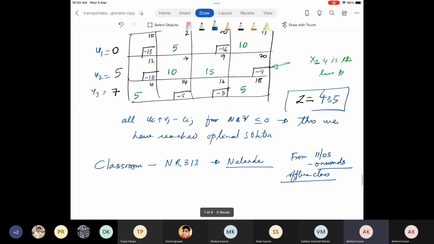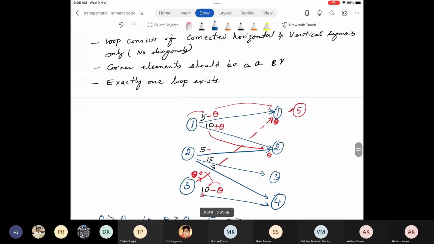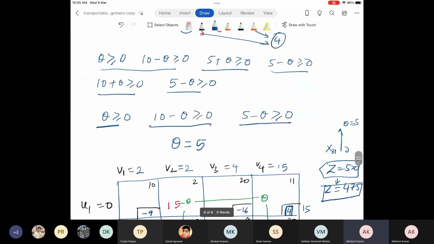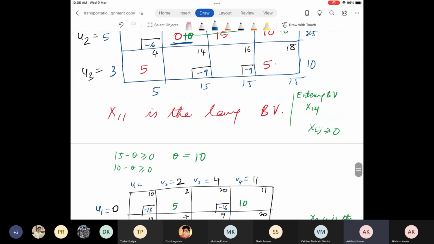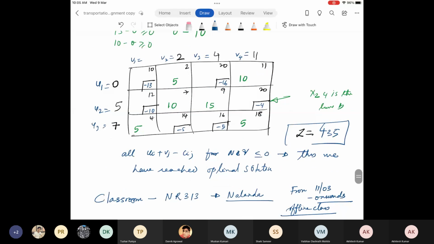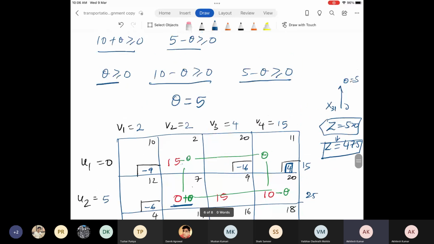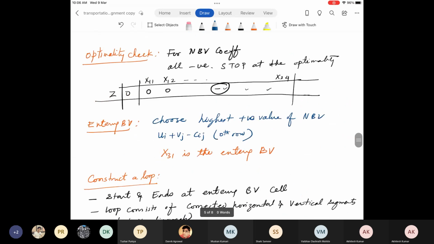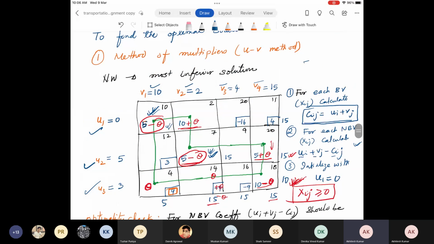Now coming back to the transportation problem, one interesting thing needs to be noticed. We started with G equals 520, right? First iteration: we started with the northwest corner method with G equals 520.